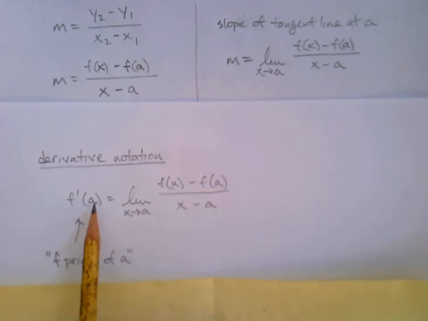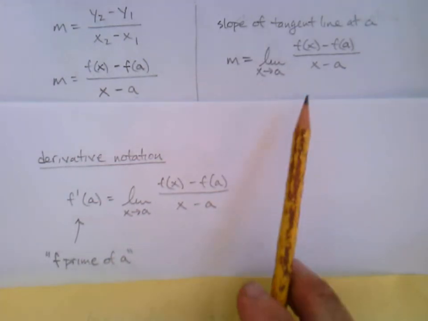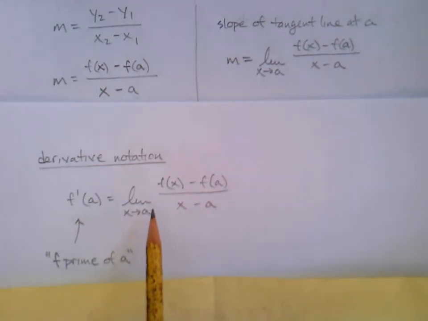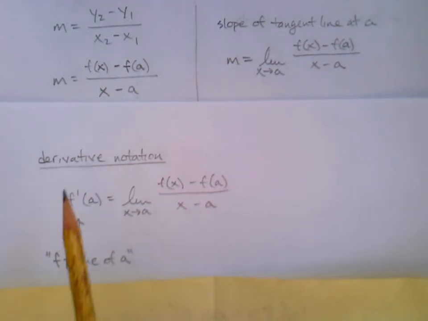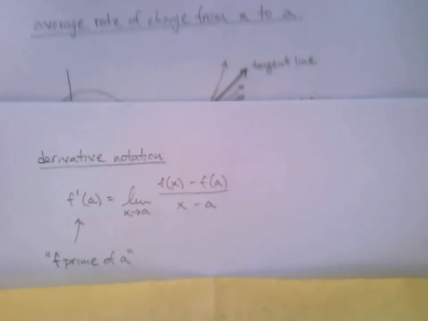So you would read this as f prime of a. It means the slope of the tangent line for that function at a, or you might say the derivative at a. This is equal to the same formula we just discovered. It's just a new notation, and we've got this new word derivative to replace the phrase slope of the tangent line.